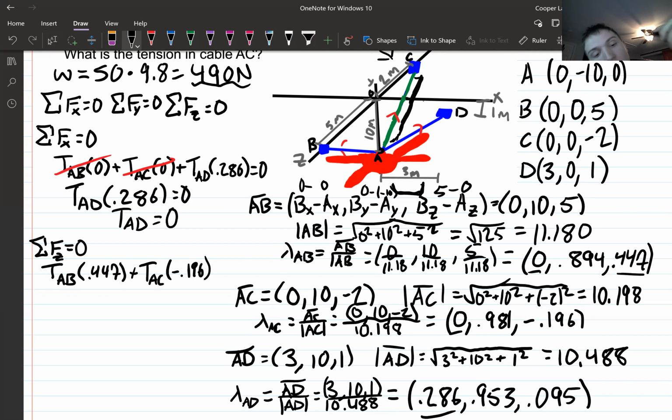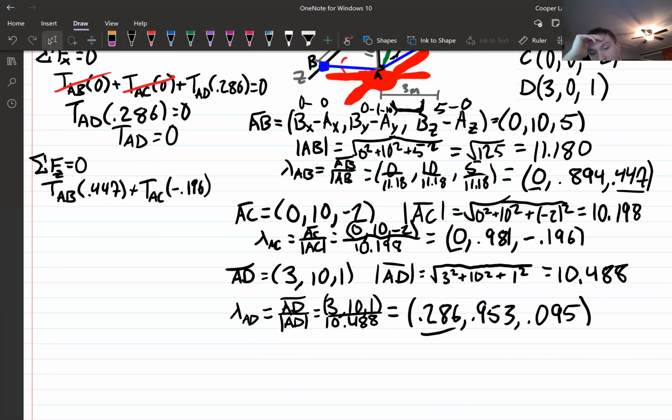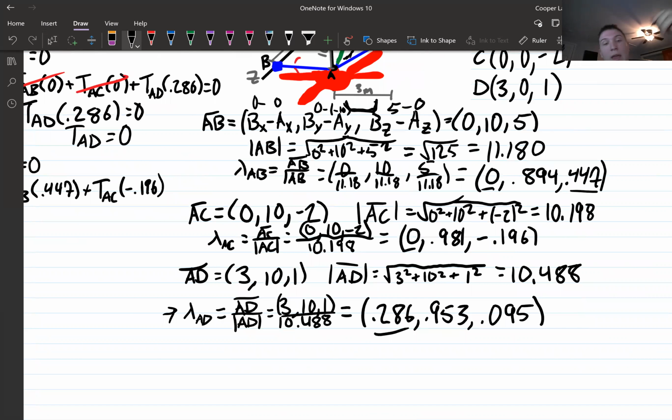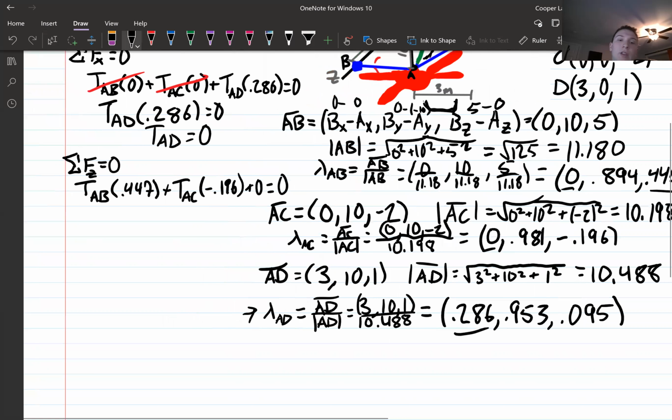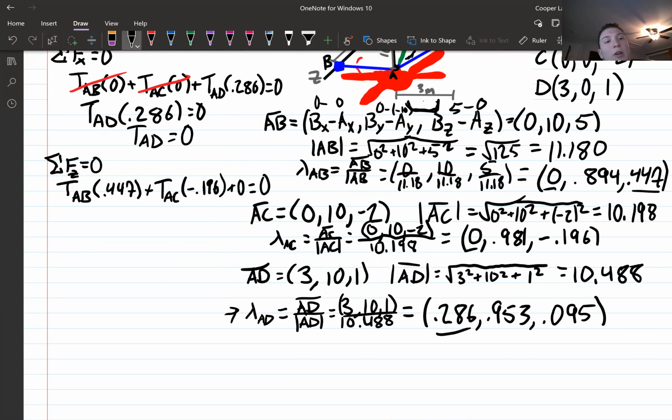So keep in mind we just solved for TAD, so realistically I'm going to do my TAD value times my lambda value for z. However, since it's 0, I'm just simply going to write in 0. So plus 0, and that equals 0. So doing so, I'm going to just multiply these out real quick.